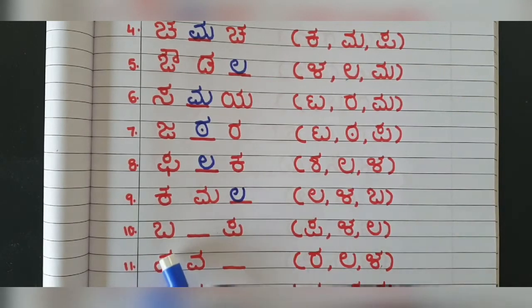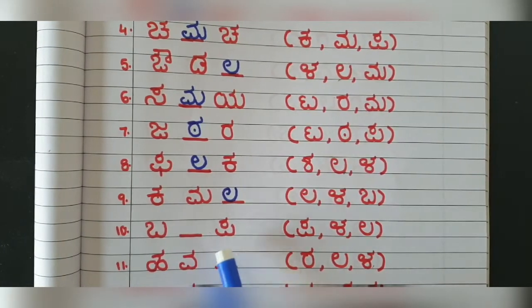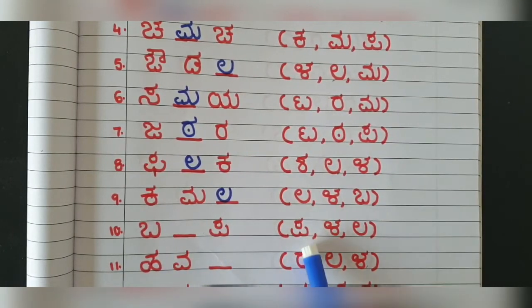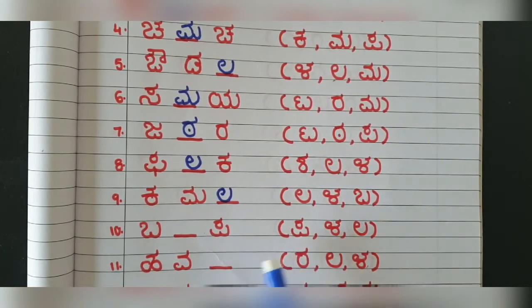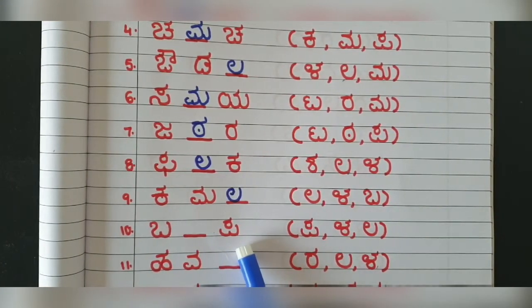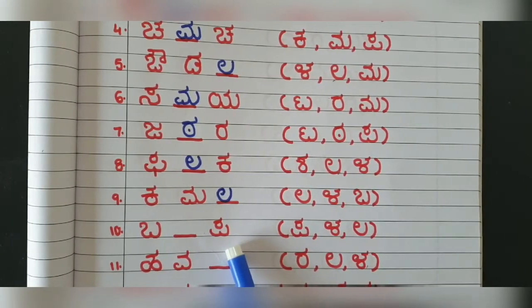And the next word would be b dash p. So let's try with the first letter, ba pa pa. Doesn't make sense. Ba la pa. Yes, we have heard this word. Balapa means chalk piece.